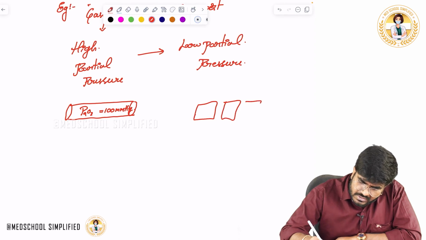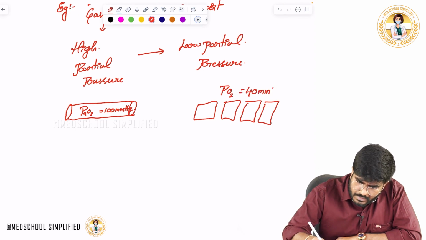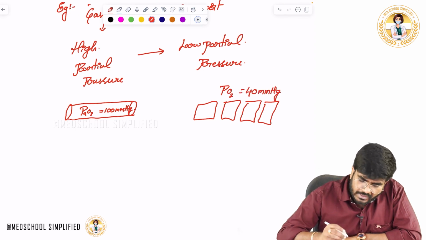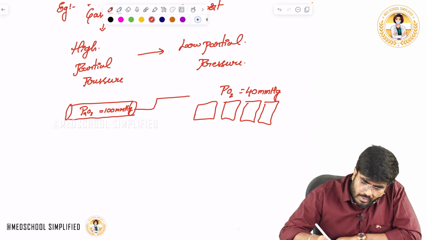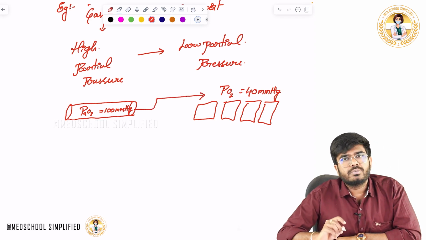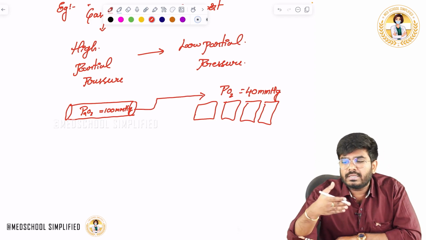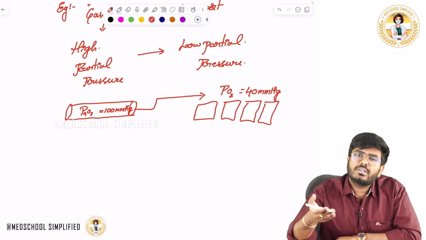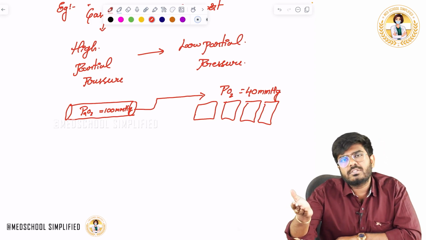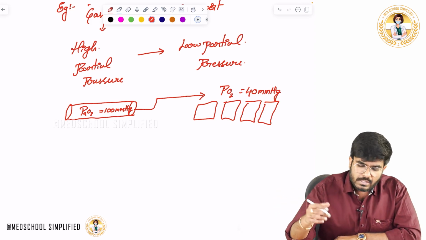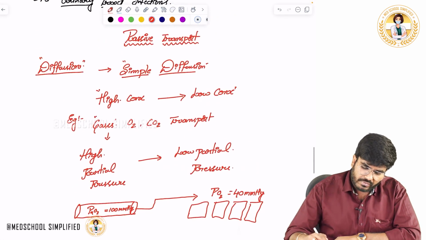It is 40 mmHg. So by nature, the oxygen will move from arterial blood into the tissues. This movement of oxygen is an example of simple diffusion. So gaseous transport is an example of simple diffusion.